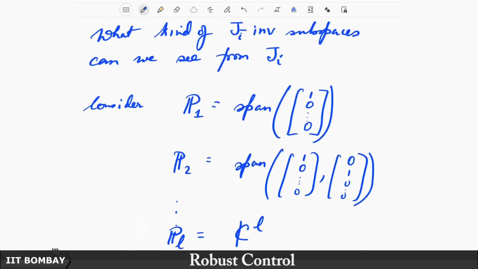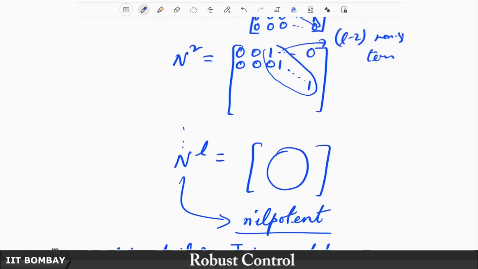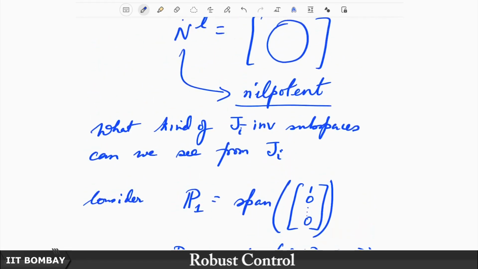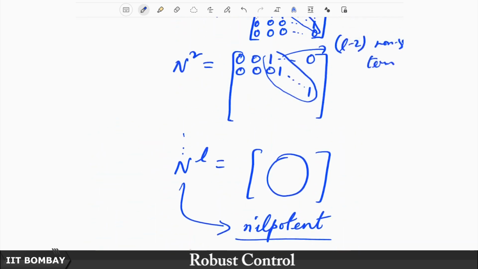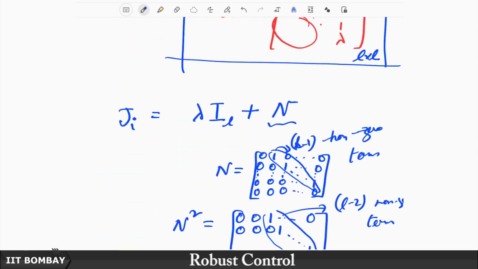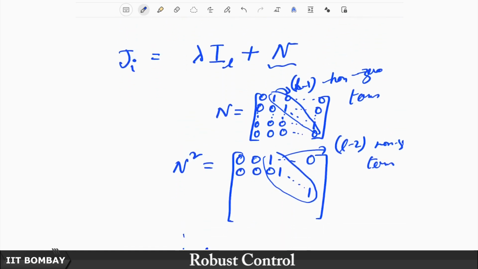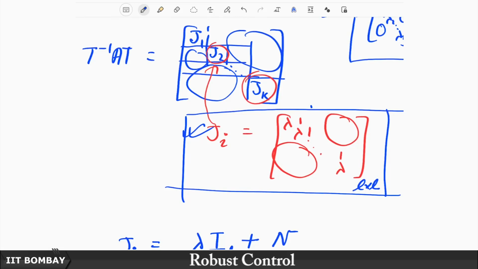Is there a way to check? You bet there is. You just take any vector that belongs to P1, which is basically c times (1 0 0 0), and you operate using this Ji on it. What you get is this matrix pre-multiplying a vector of the form (c 0 0 0 0).